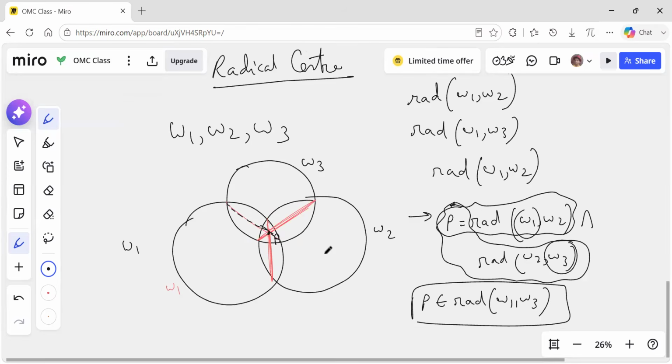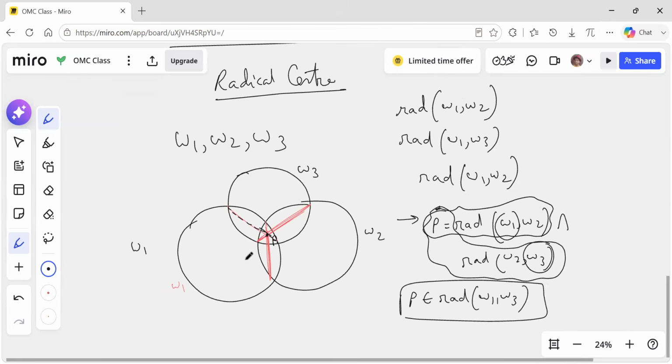Can we try to use phantom points? Yeah, phantom point is basically here. You can frame this using phantom points. You can say that consider these two intersections and say this is P, like basically what we did. And then we show that P also lies on this line.